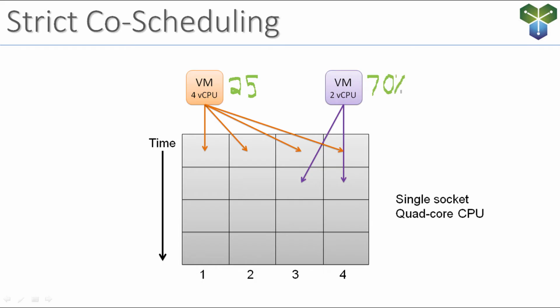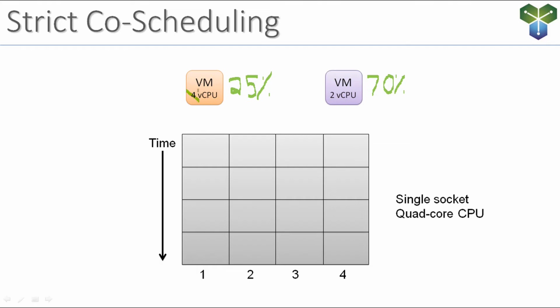Well, I can solve all my problems right now with these two VMs because the VMs are improperly configured. They're not right-sized. VM1, my orange VM, does not need 4 virtual CPUs. It's only using 25%.